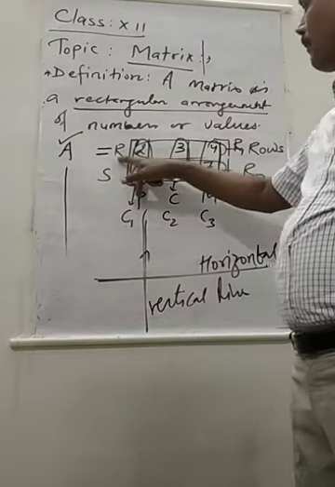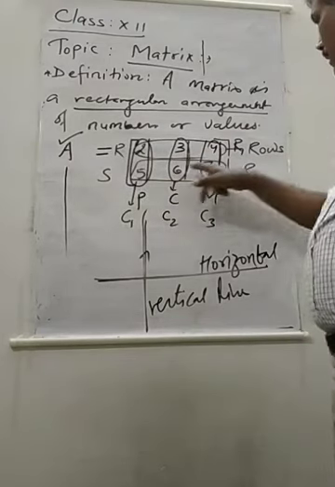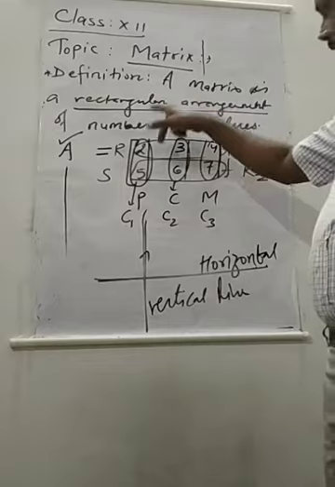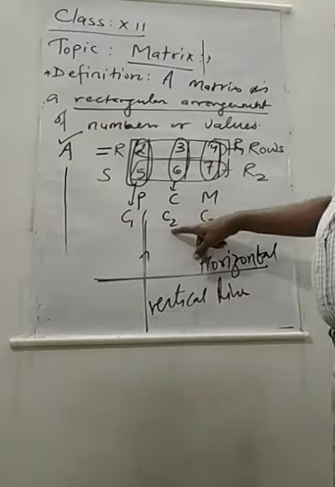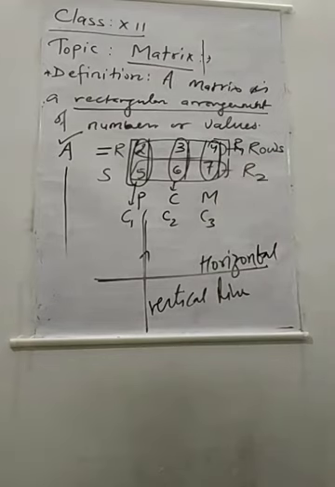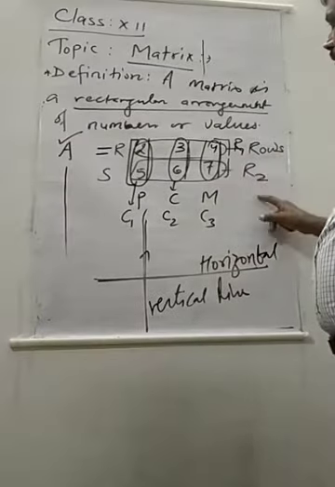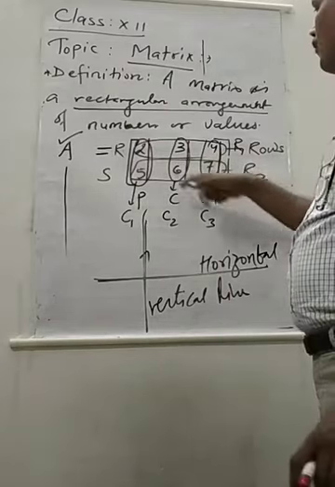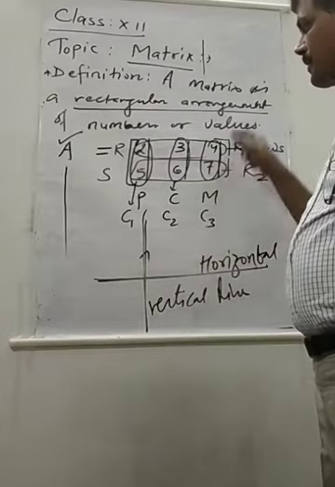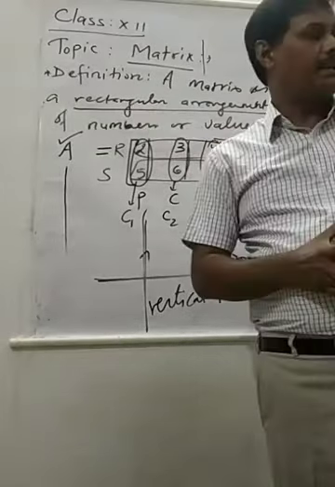Means Ram's marks are in row 1, Shyam's marks are in row 2, whereas physics marks are in column 1, chemistry marks are in column 2, and the maths marks are in column 3. Is this clear, students? Be very clear about the rows and columns. By this way, we represent any matrix.